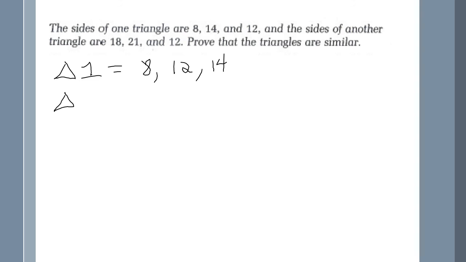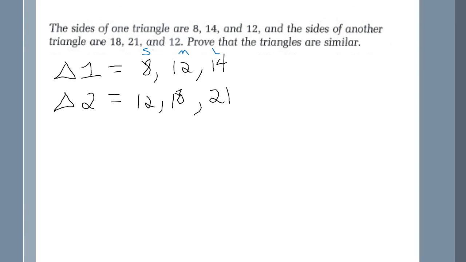On triangle 2, I have 12, 18, and 21. So we'll label these as the small, the mid-size, and the largest side.